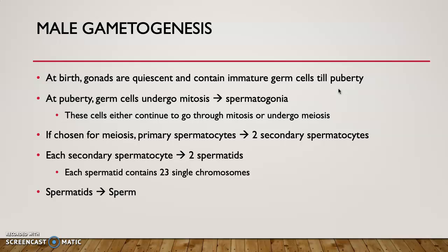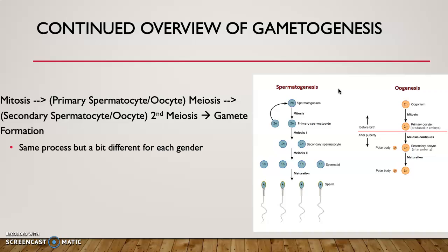And each spermatid, like I said earlier, being haploid, contains 23 single chromosomes. And so, as these spermatids continue to mature and develop, they turn into what we now know as sperm. And so this process is pretty simple and straightforward, very similar to the process we talked about in the previous slide.